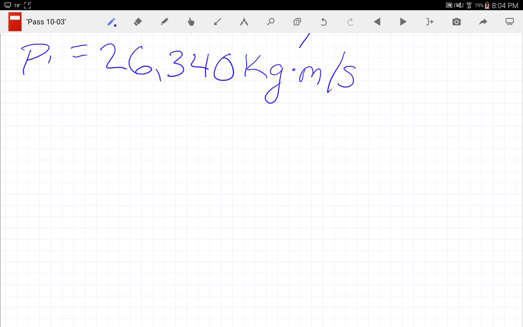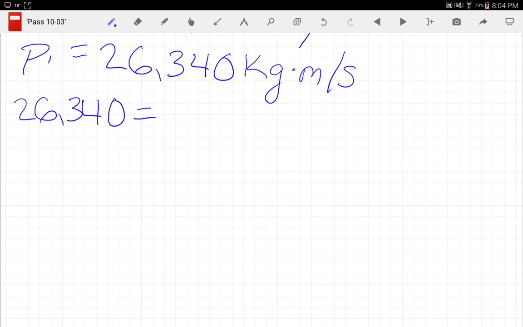What do we know about our initial momentum versus our final momentum? Okay. So our final momentum would be utilizing final velocities. Oh, so technically our initial momentum is the same thing as our final momentum, which means that we can derive our final velocities from that.